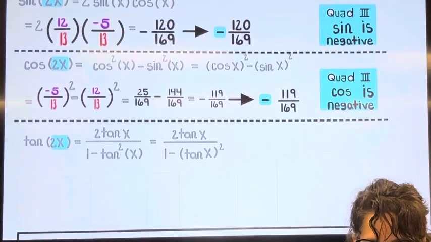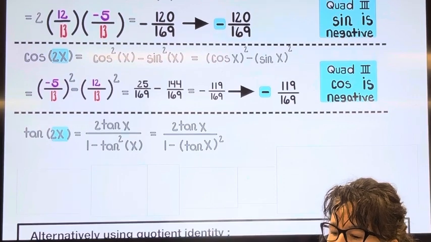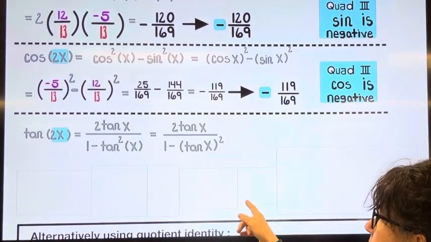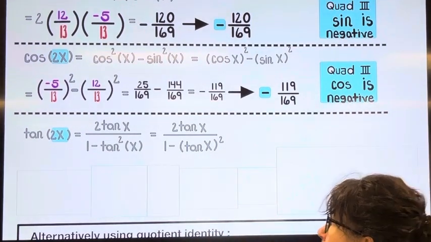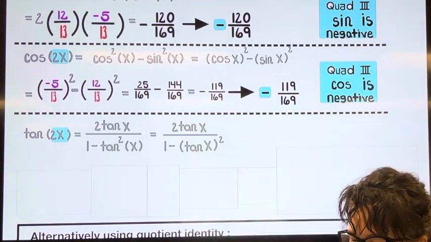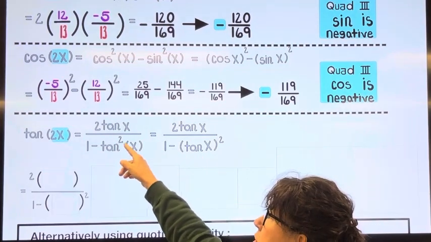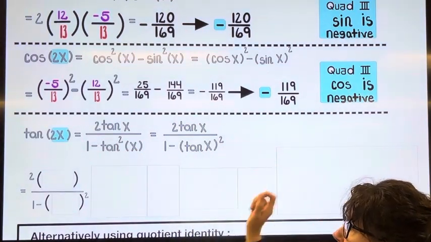Okay, last one here is the tangent of 2x. There is more than one way to do this particular one, but I'm going to start with just the formula. So if we use the formula, making my substitutions here, and I notice I did rewrite tangent squared of x as just tangent x squared.